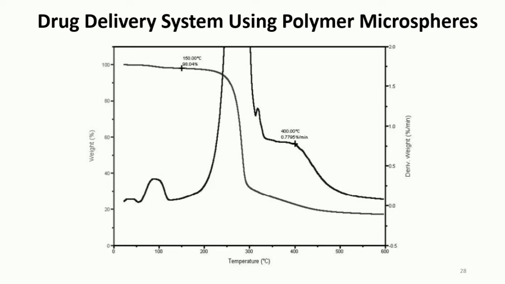Therefore, it is necessary to use hermetic pans for the differential scanning calorimetric experiments. The next step in determining the crystalline content of the drug in the microsphere is to run at different heating rates.